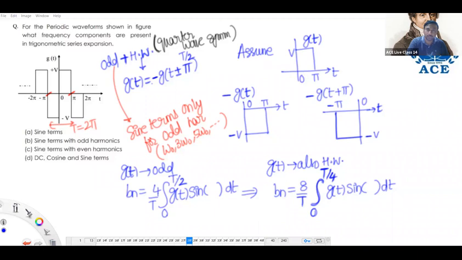Sahiti, what is the question and what are you typing? I have not asked for the exact coefficient, only the symmetry I am expecting there. The signal has combinational symmetry. Odd is there, half wave is there. A signal which has odd plus half wave or even plus half wave is called quarter wave symmetry.